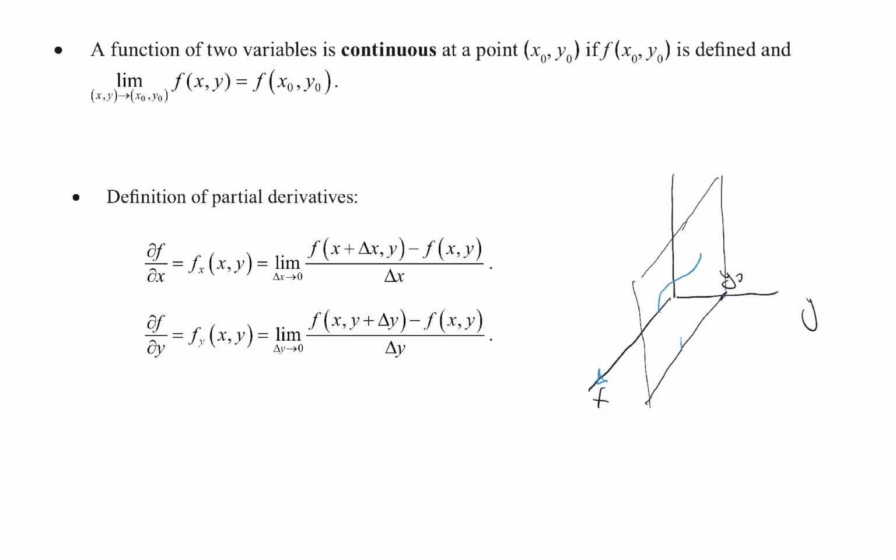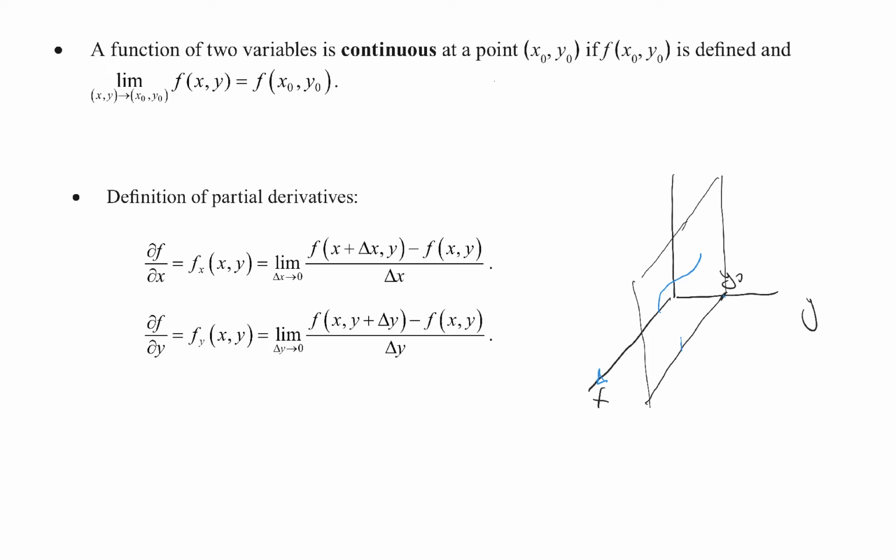Let's go to review. A function of two variables is continuous at the point x0, y0 if there are three conditions.